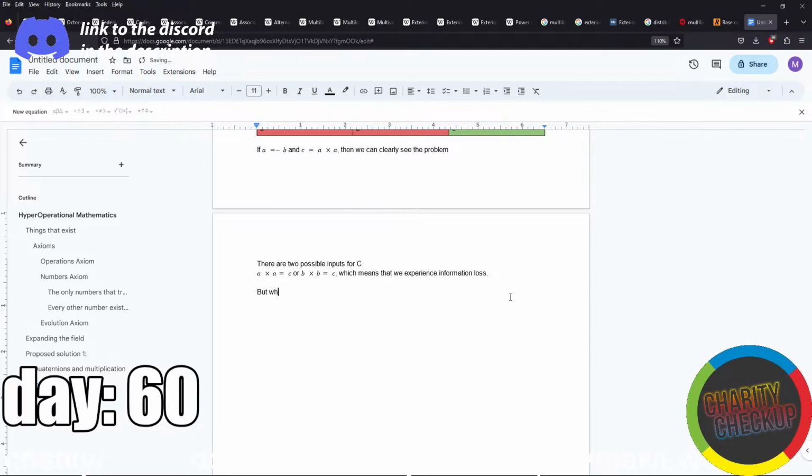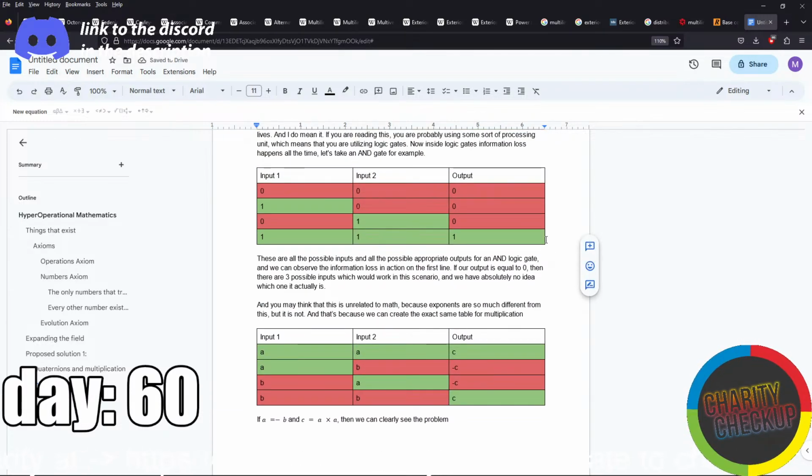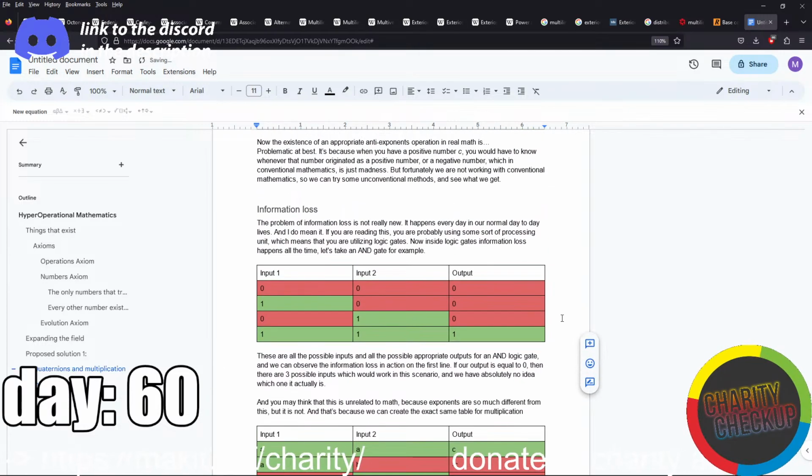But what can we do about it? Well, first, in our AND logic gate case. Now this is problematic, because for the AND logic gate case, I know how it would work with 3 outputs.